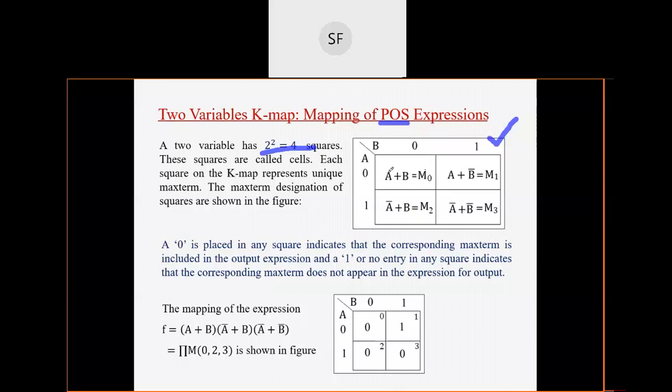Earlier it was in product form: A bar B bar equals small m0, that was the cell value. But here it is A plus B equals M0. Now again you can observe the binary code for this cell is now 0 0, because A equals 0 and B is also 0. So for 0 0, now you can observe what is the change. Initially we assumed that whenever the value assigned to a variable is 0, I'm talking about SOP form, then you have to write complementary form, meaning you had to write A bar in SOP.